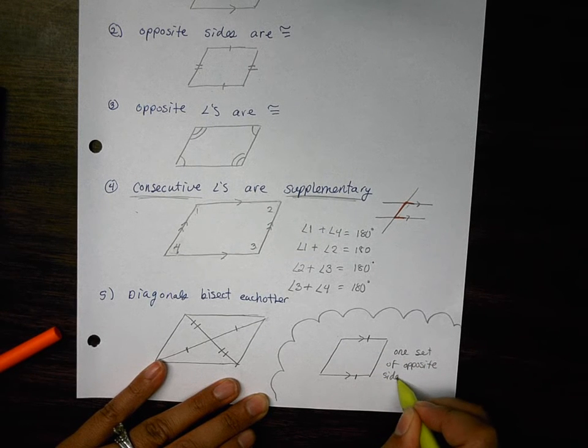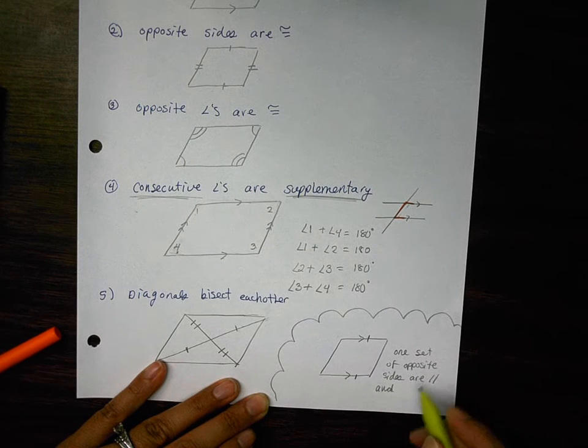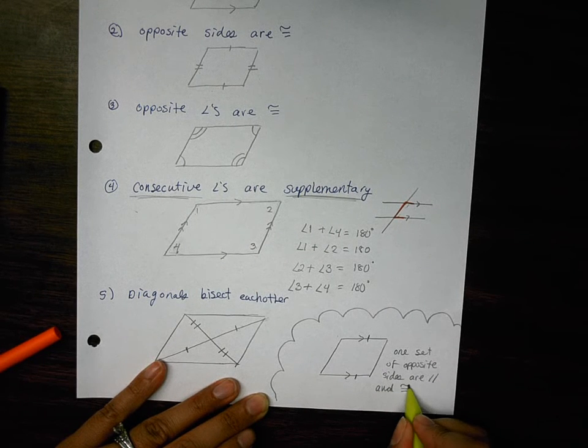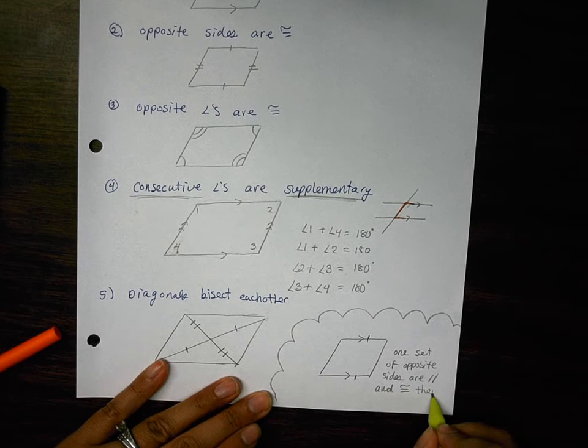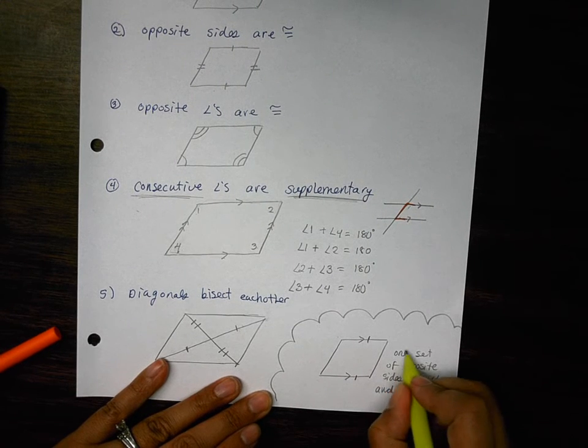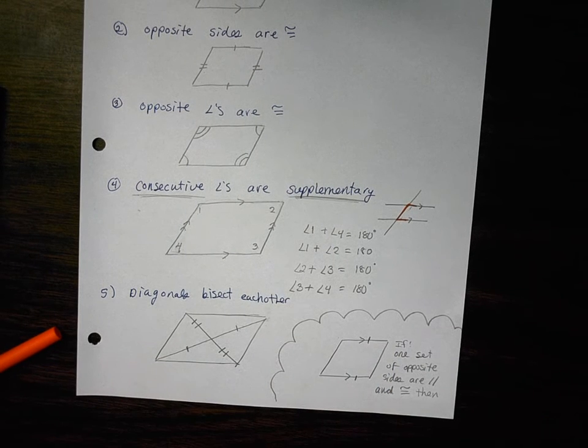one set of opposite sides are parallel and what? Congruent at the same time, then it is a what shape?